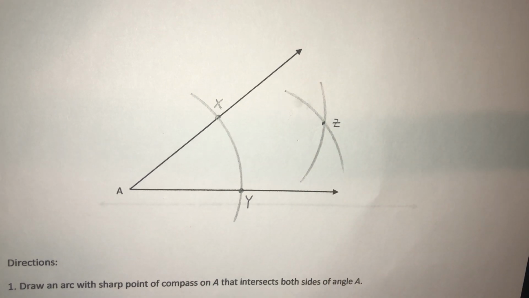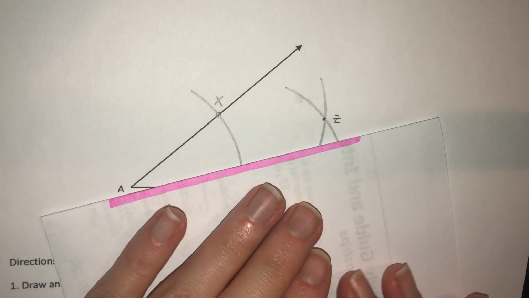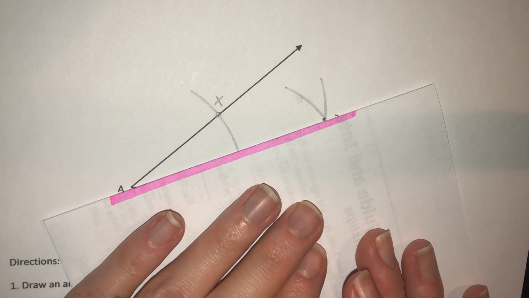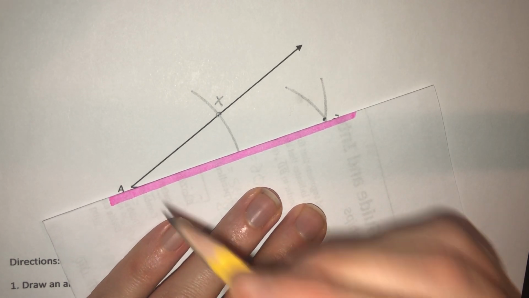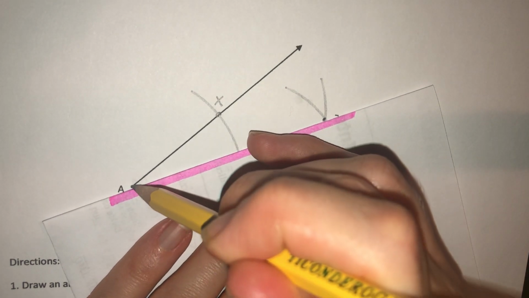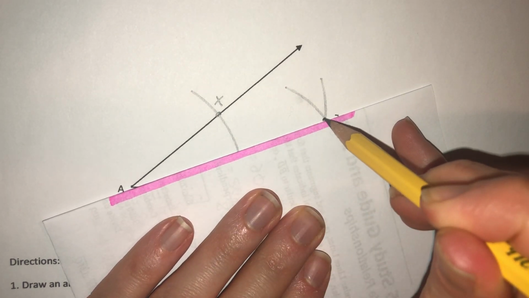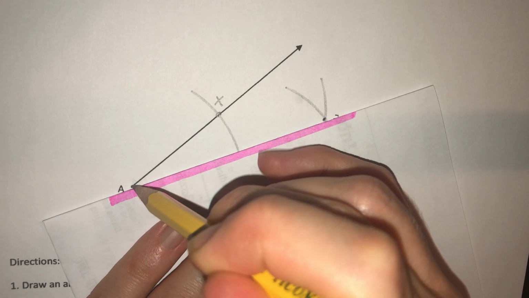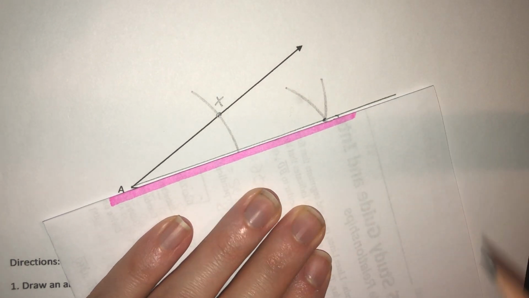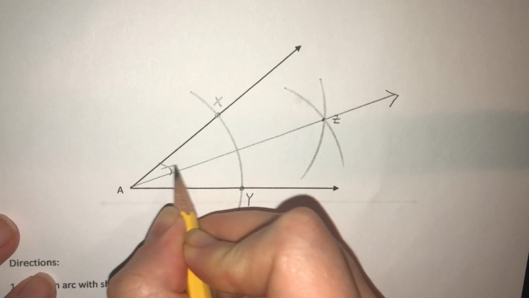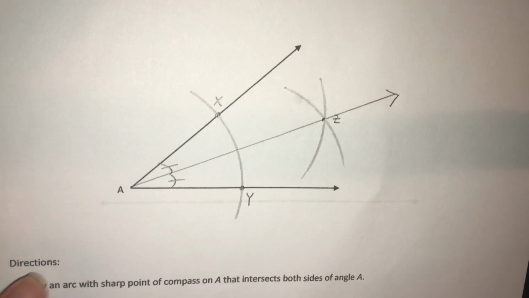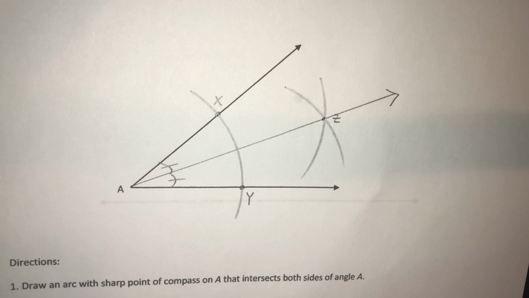And now last, we're going to draw a ray with an endpoint A that passes through Z. So I'm still using my fancy straight edge here. Point A is one end. Point Z is where I'm headed. So I'm going to extend my ray like that. And this split the angle into two congruent smaller angles. That's what an angle bisector does.